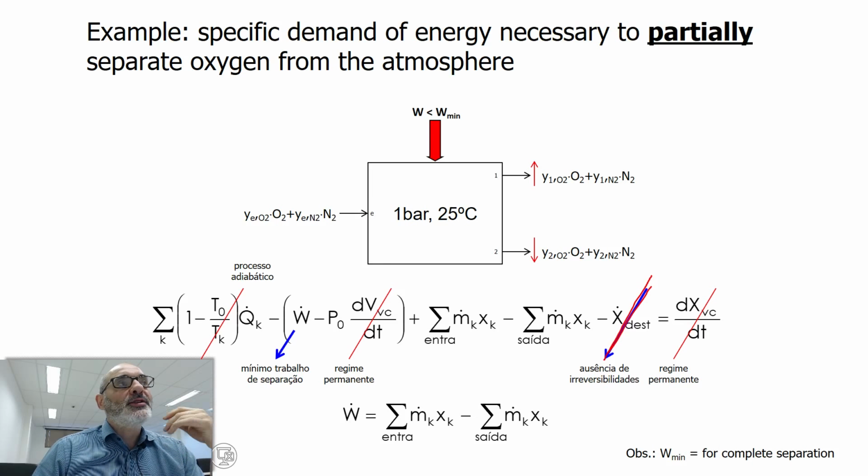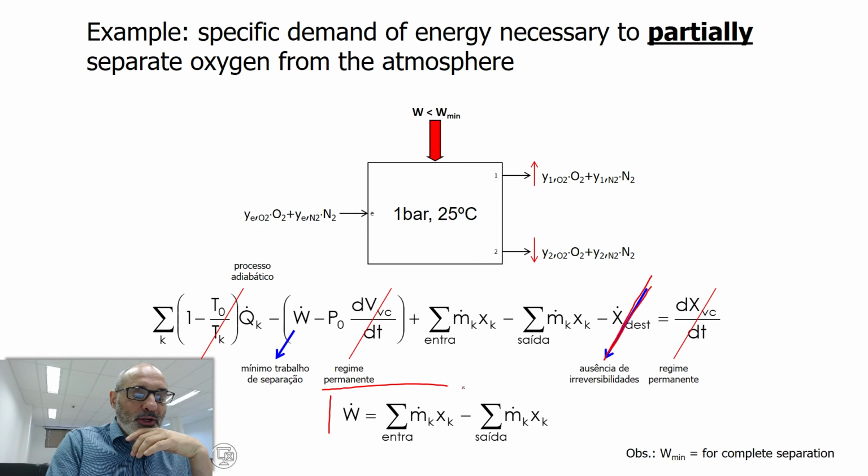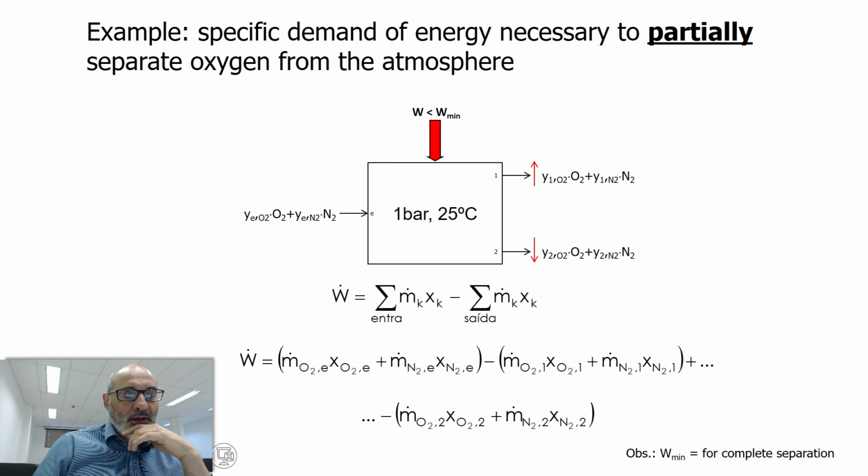There is no chemical reaction, no supersonic flow or shock waves. So for the minimum, there is no exergy destruction. We get the same equation actually, and we apply it the same way as in the previous case. Now we get this expression.